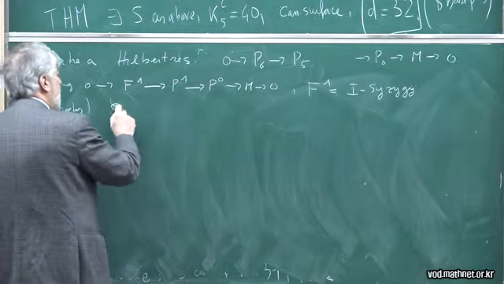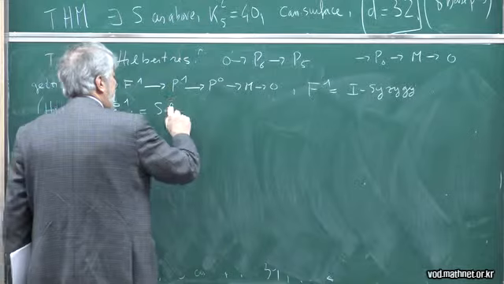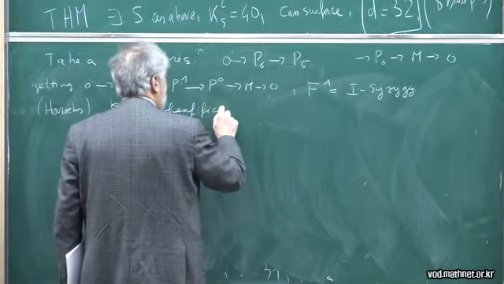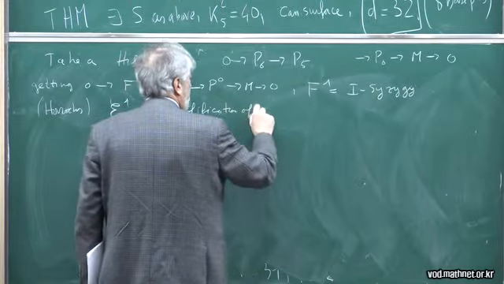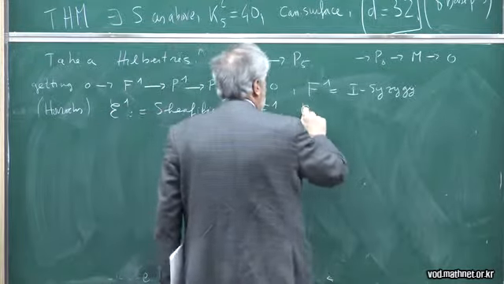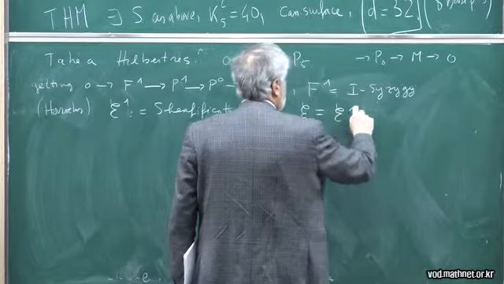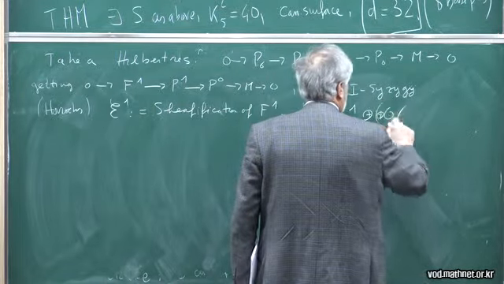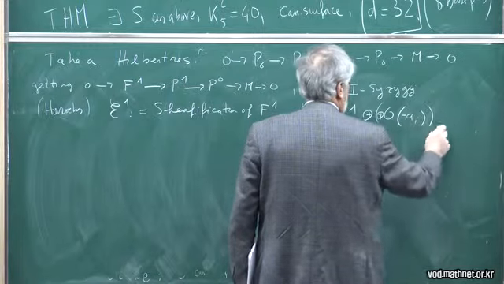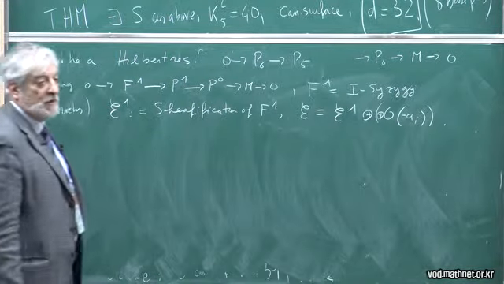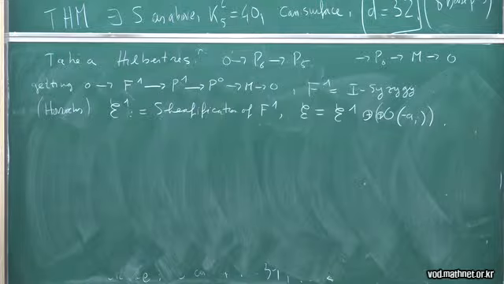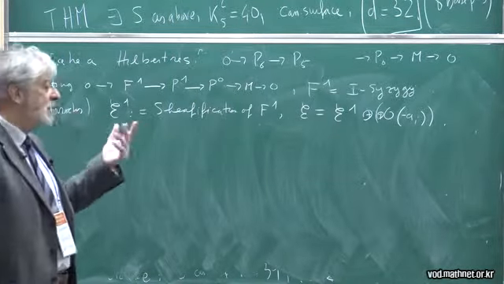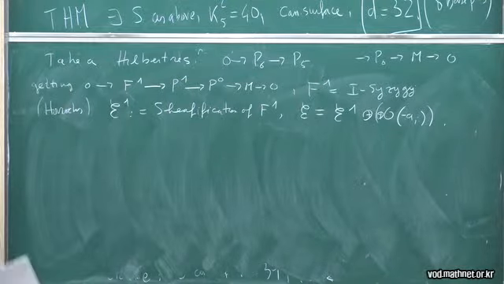So E1 is just the sheafification of F1, and E is just E1 plus a direct sum of line bundles. Okay? So there is this vector bundle, and to construct it, you have to understand this cohomology algebra.